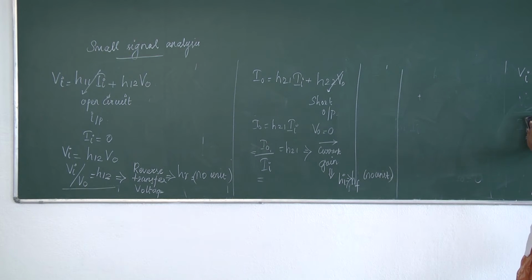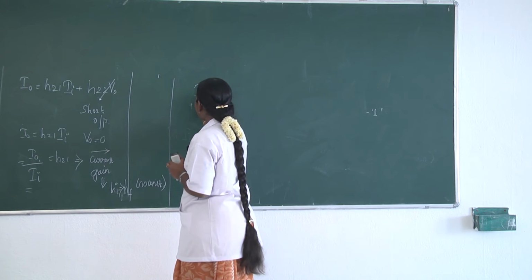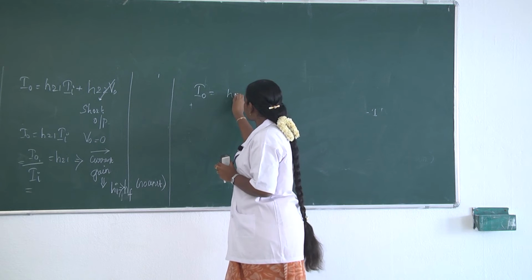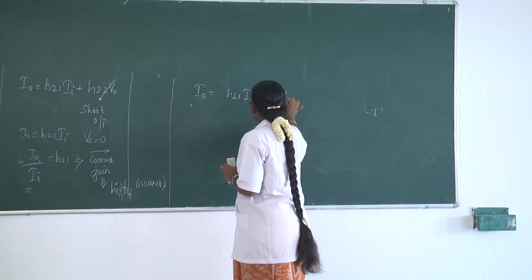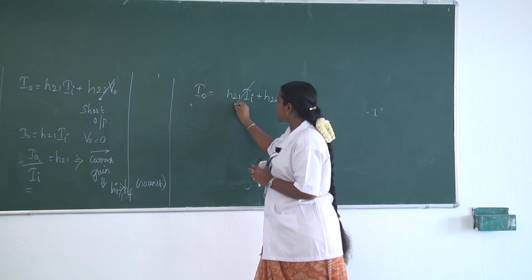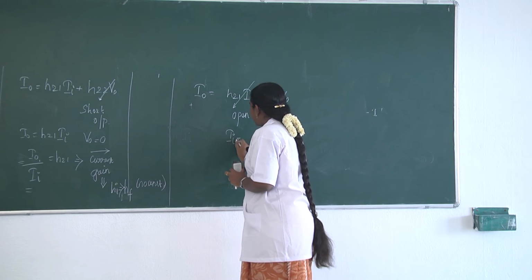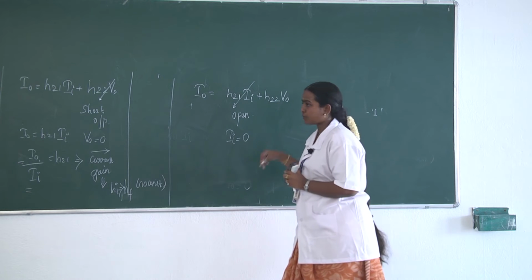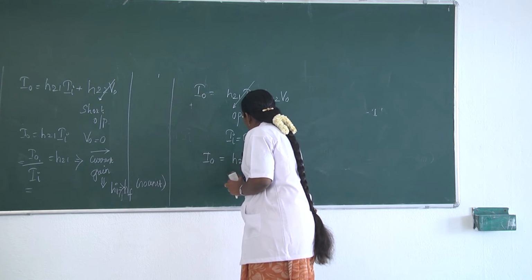Now what we are going to do is, we are going to derive the fourth parameter, that is nothing but H22. So for that also we are going to use the same equation. That is Io is equal to H21 into Ii plus H22 into Vo. In order to find this H22, what we have to do is, we are going to do an open circuit operation here. So what happens is Io will be equal to 0. So automatically the equation becomes Io is equal to H22 into Vo.